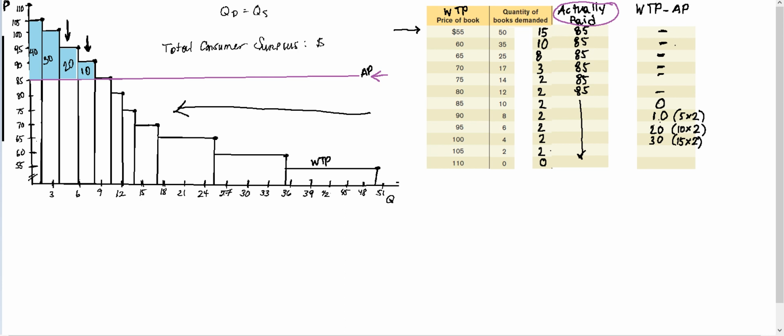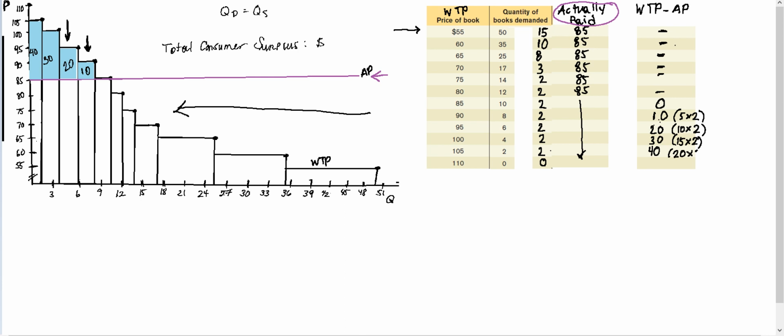Now for the last one, notice you have no one actually willing to pay 110. And so there is really no consumer surplus generated there because no one was willing to pay 110. Where is that represented? Well, that's represented on the y-axis there, at the point 0, 110.